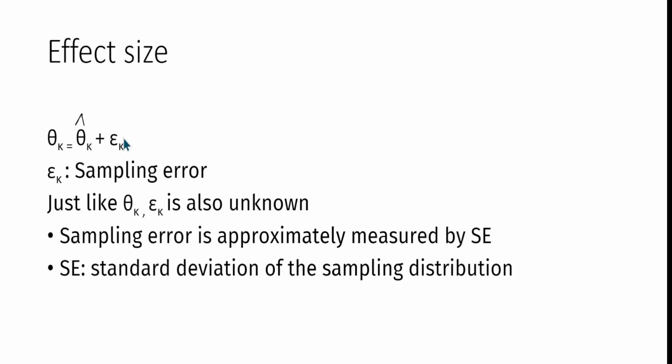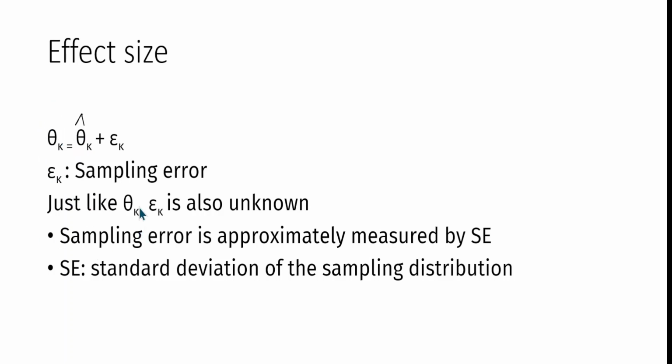If your sampling error is very small, meaning your sample size is very big, you are approximately measuring the true effect size. If your design is excellent and your sample size is very big, you may not hit the exact true effect size, but you will be able to measure it approximately.